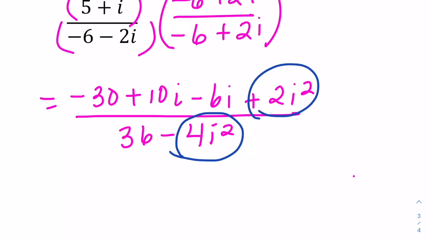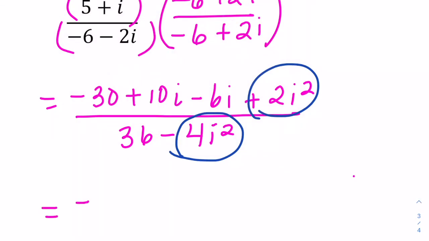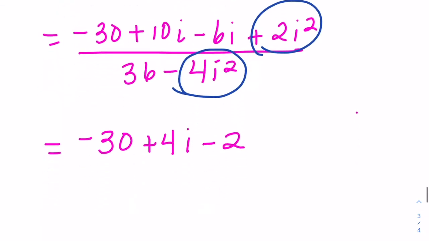So let me just write it out. So we have negative 30 plus 4i. This will be minus 2 because that i squared is a negative 1. And then on the bottom, we'll have 36 minus a negative 4, so it ends up being plus 4.